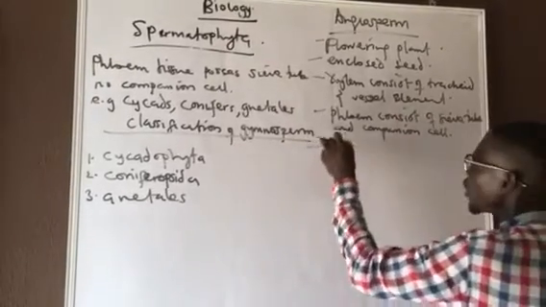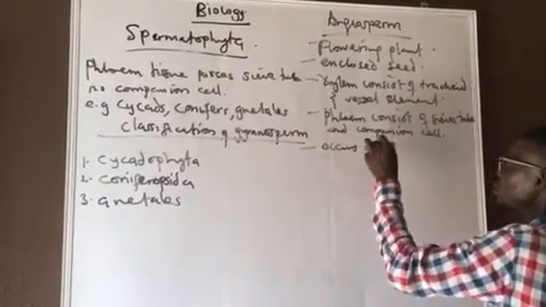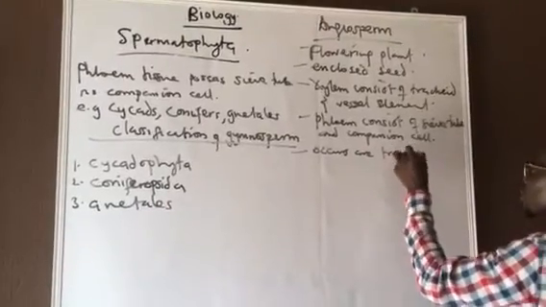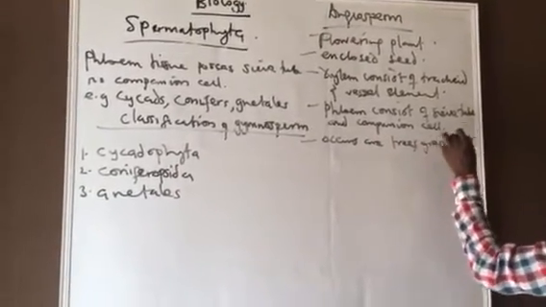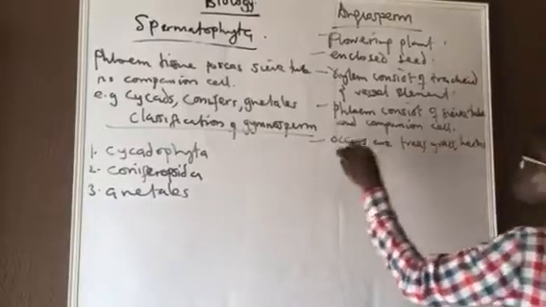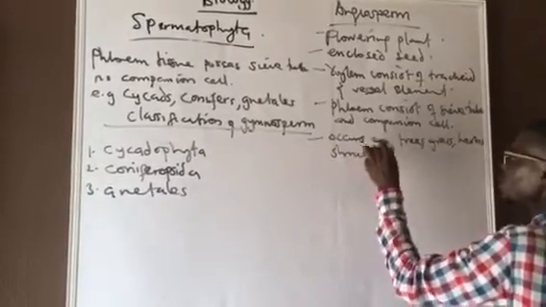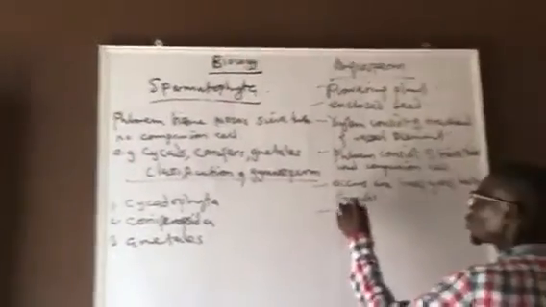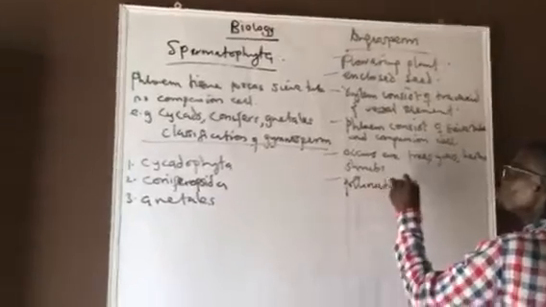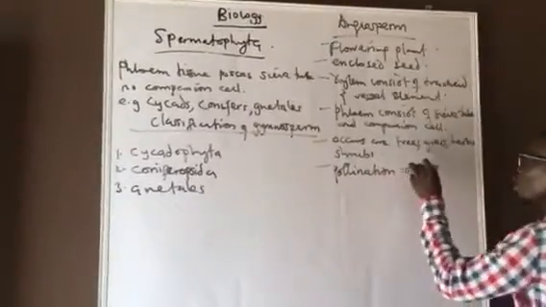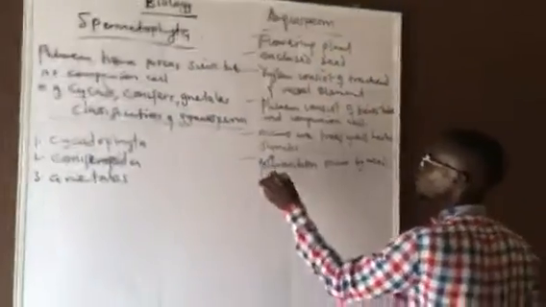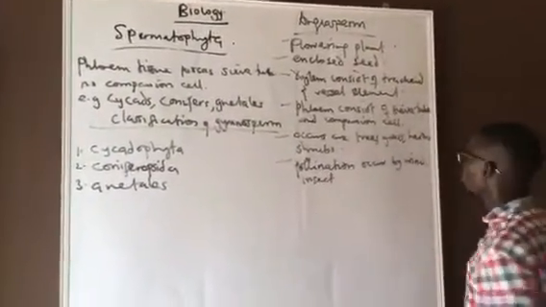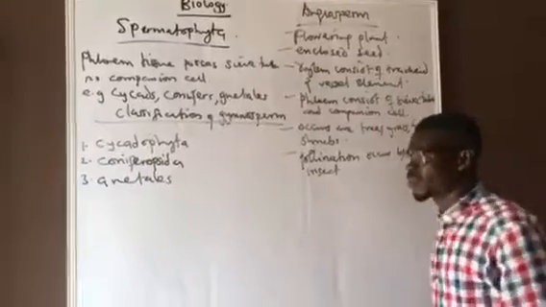They can occur in various forms, such as trees, grass, herbs, shrubs, etc. They can also carry out pollination by different means: by wind, insects, animals, and some other means.